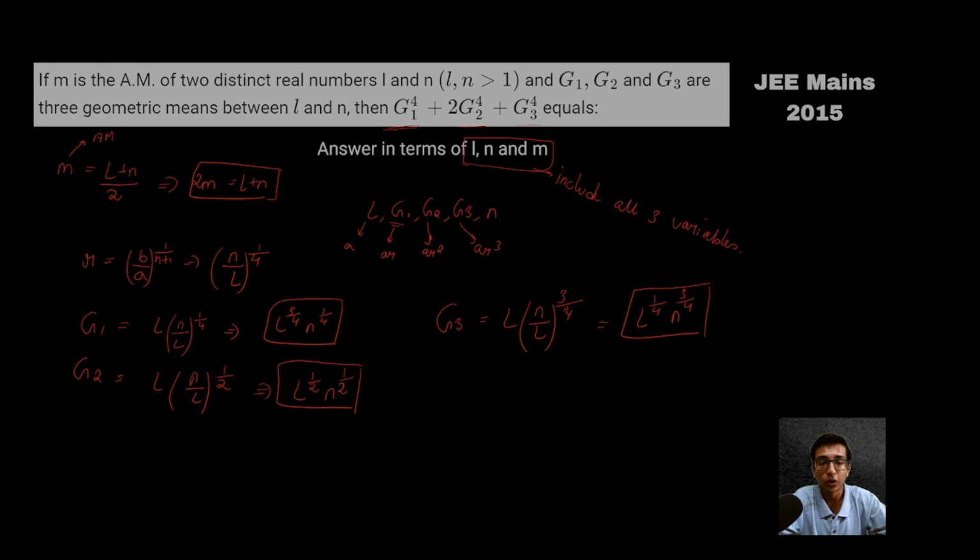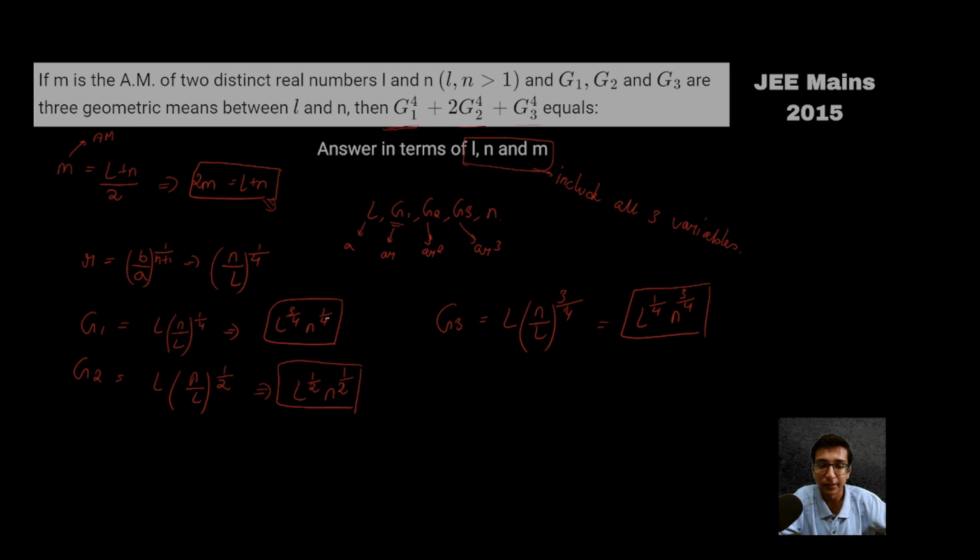If we add all these three, there wouldn't be any term of M here. So we have to use a bit of simplification of equations so that we can include M as well. We will try to create L plus N somewhere so that we can replace it with 2M and get our answer. So let's do it here in the next page.